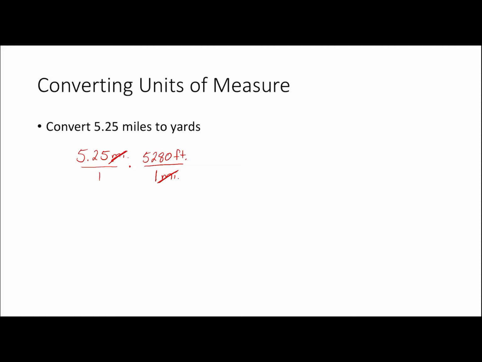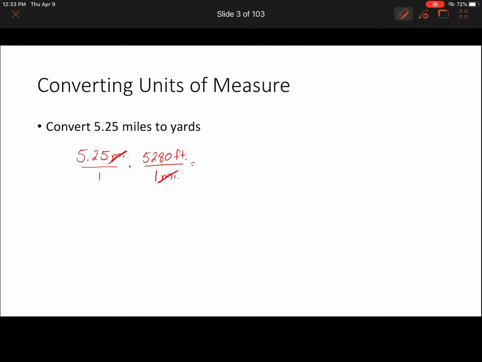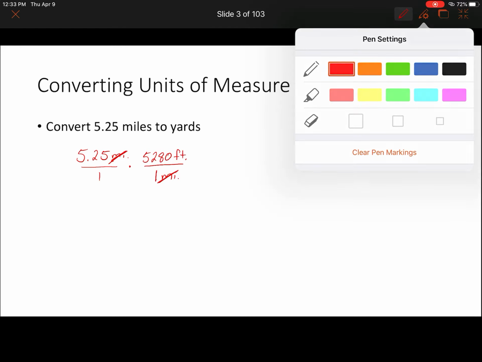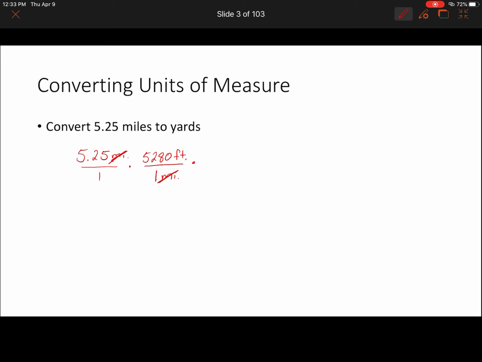And we can continue this, multiplying here. We can continue this to have, again, we want to get to yards, right? Well, in 1 yard, there are 3 feet. So again, our feet measurements are going to cancel out.